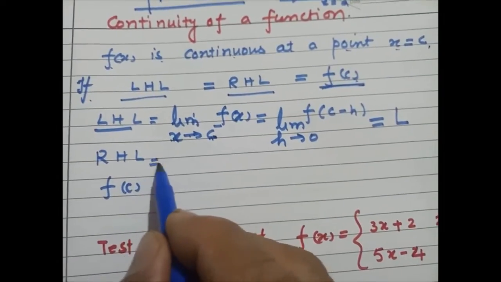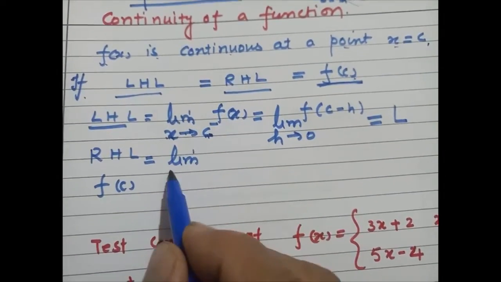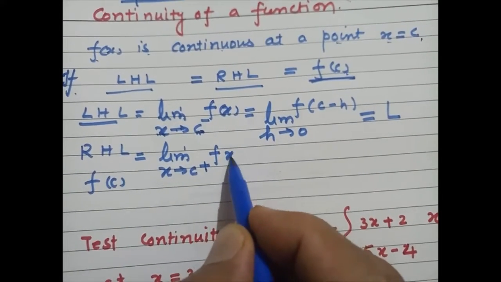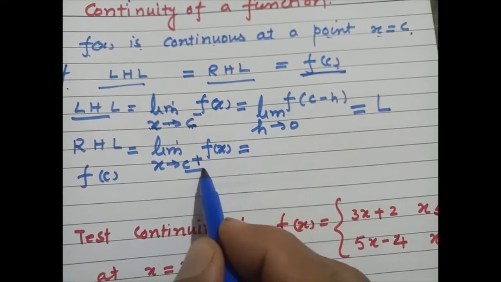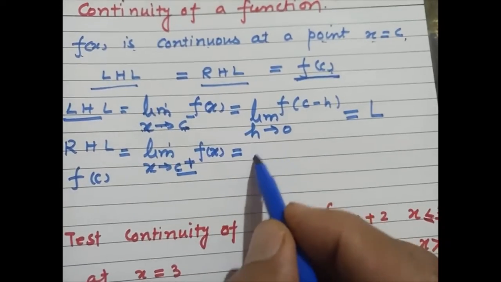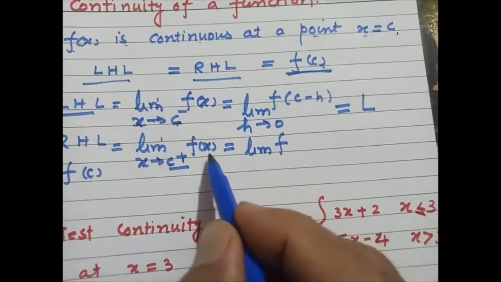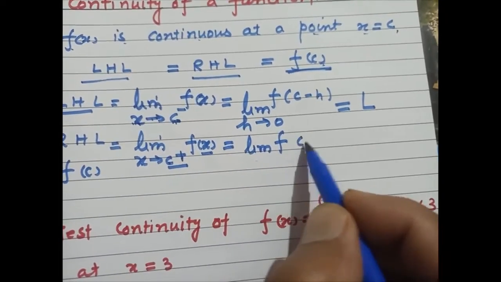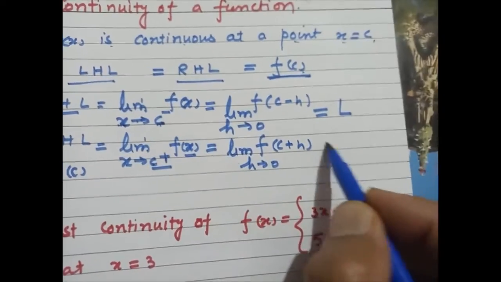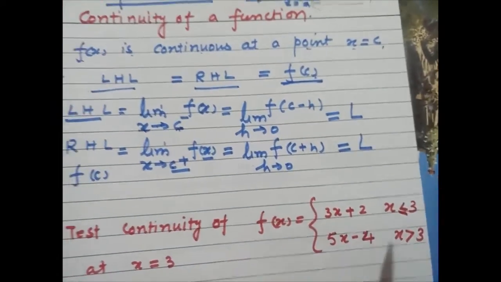Similarly for right hand limit, what do you do? Limit x tends to c plus, function f(x) we write. Now change the limit. We take the value of x as c plus h. So limit f, in place of x we'll put c plus h, and h tends to 0. We get the answer of the limit here also.